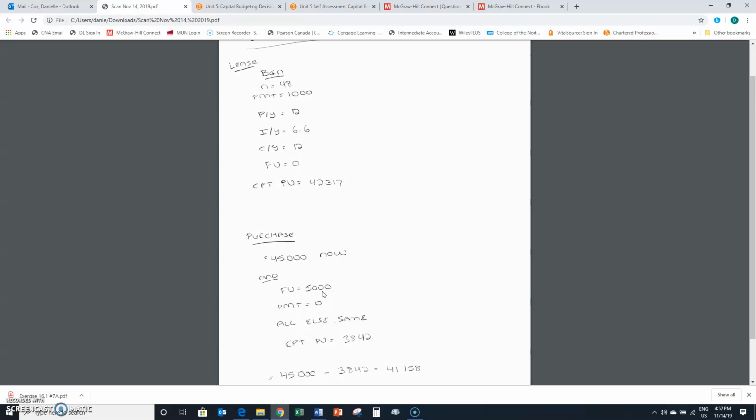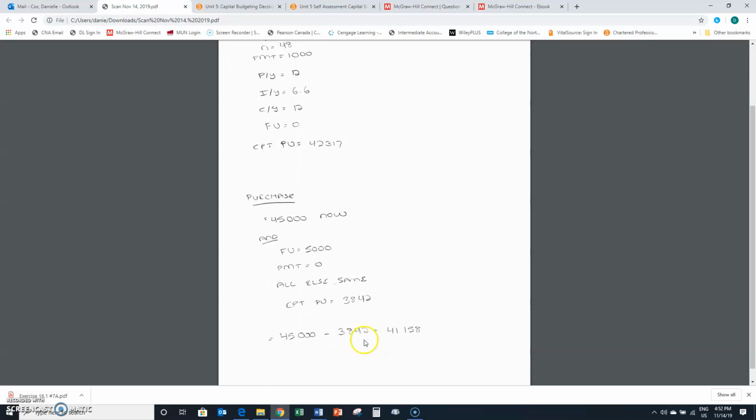We're going to make our payment 0. We're going to get rid of the payment, and we're going to have our future value at $5,000, and we're going to compute our present value, which is $3,842. So to purchase it, we're going to spend $45,000 now, but we're going to get $3,842 back, which is $41,158.